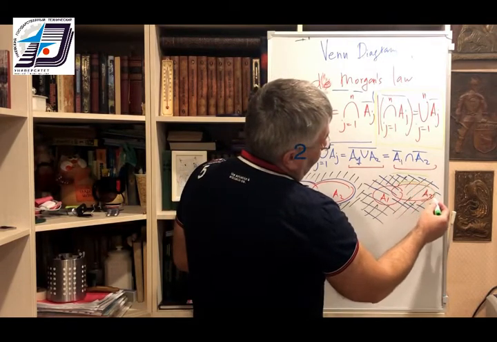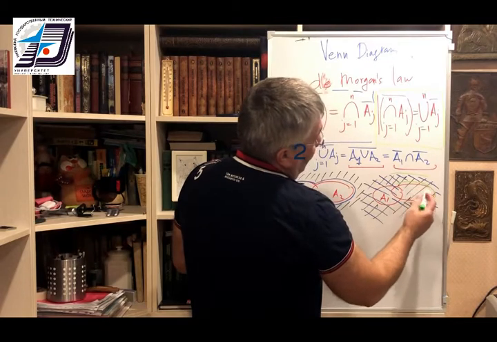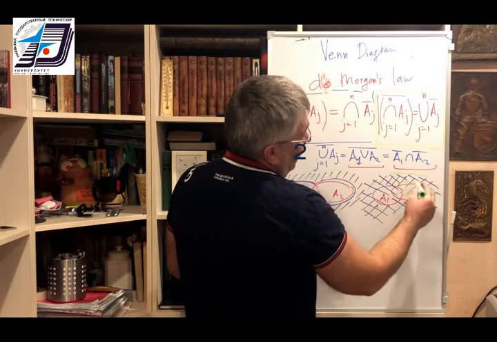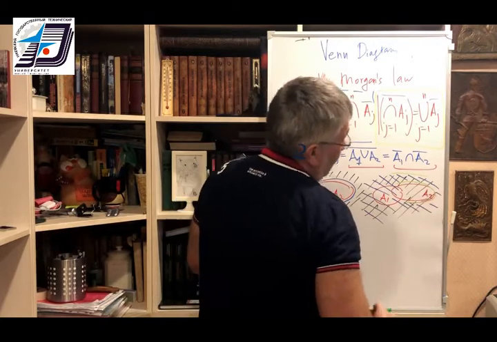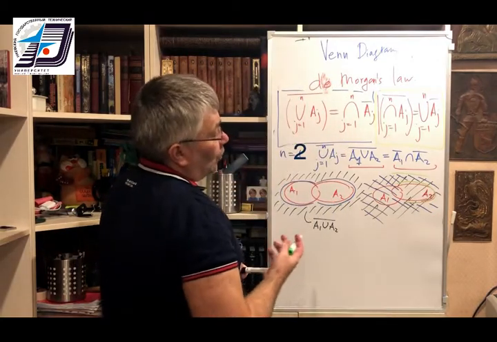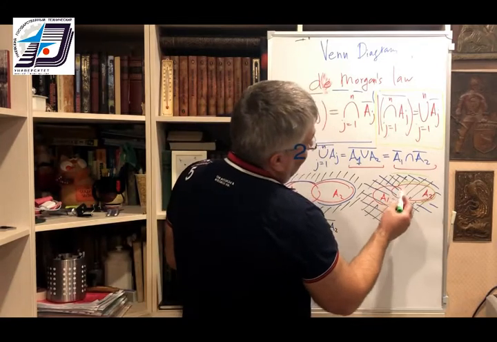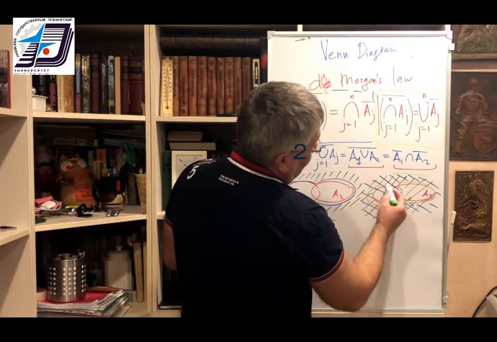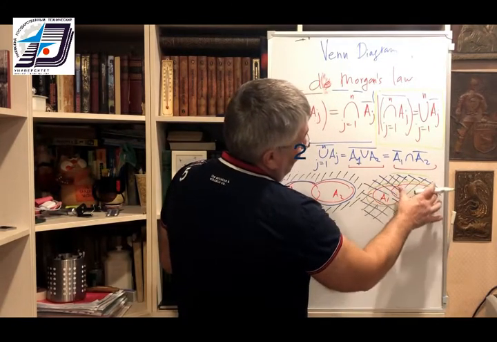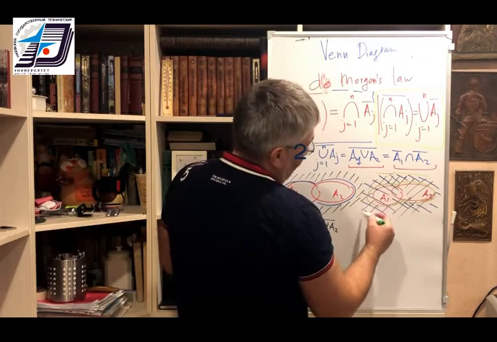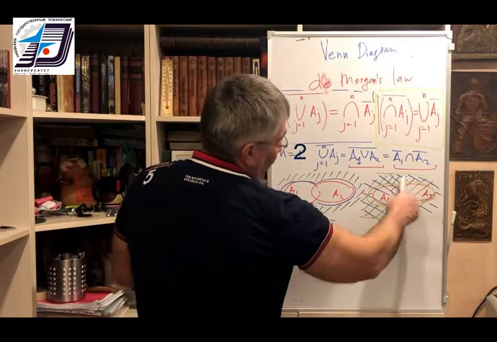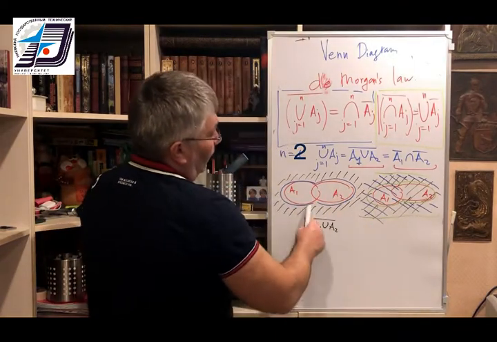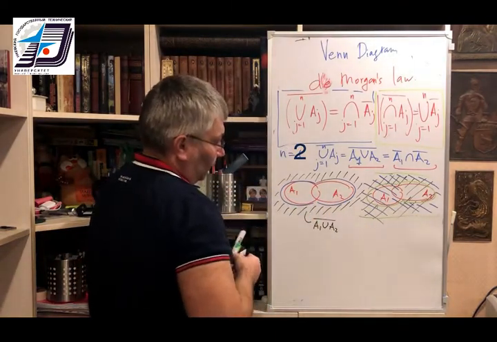Look here, this one area is shaded by black dash, this one by just blue. So we can take this one and exclude both of them, and we have the same area as in the previous case.